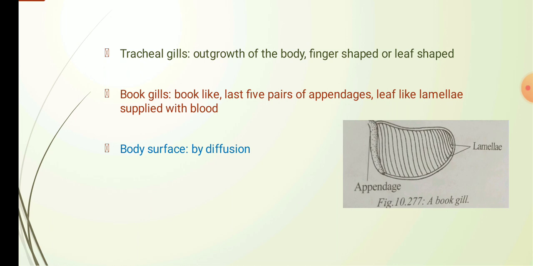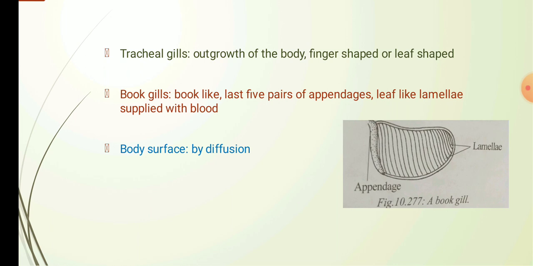Respiration through the body surface takes place by diffusion, and it commonly occurs in crustaceans and also in insects with a small and soft body.